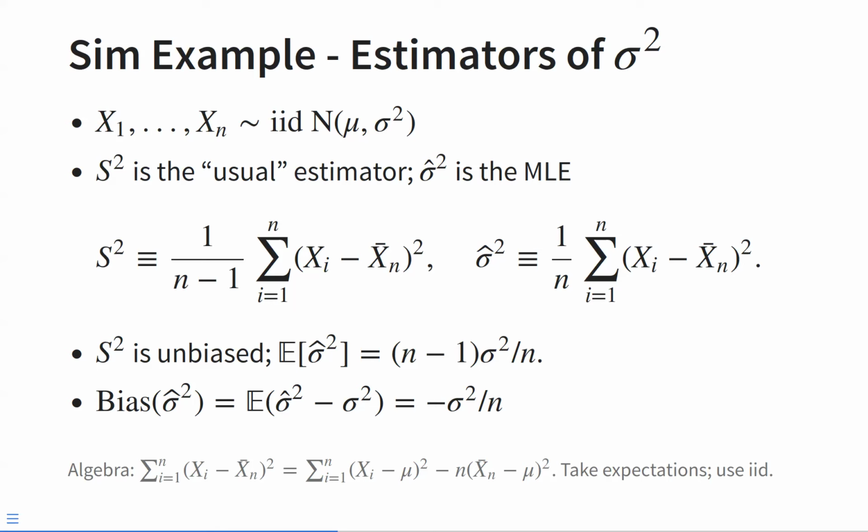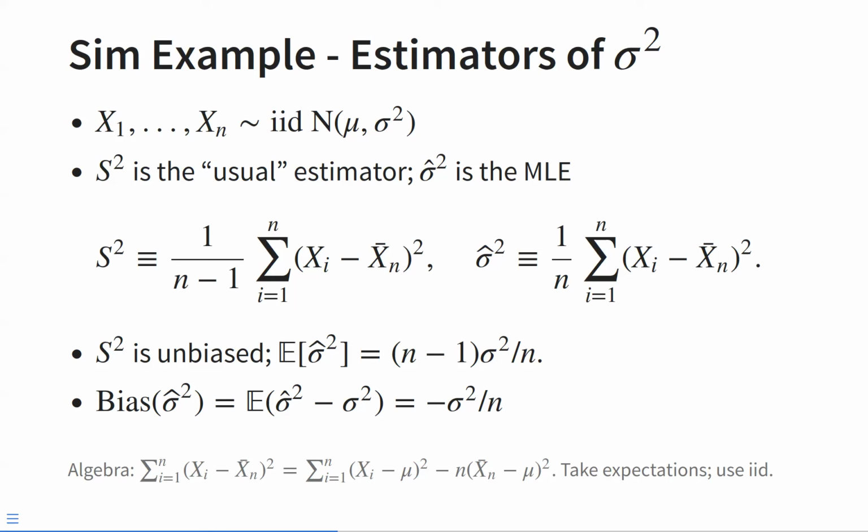We'll look at 2 different estimators. S squared is what I'm calling the usual estimator of the population variance. That estimator is 1 divided by n minus 1 times the sum from i equals 1 to n of x_i minus the sample mean, quantity squared.